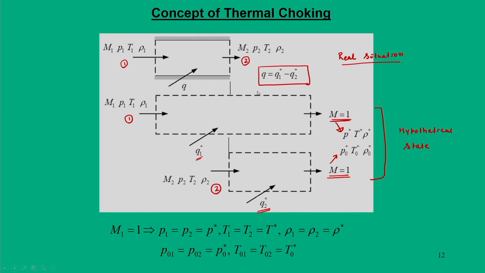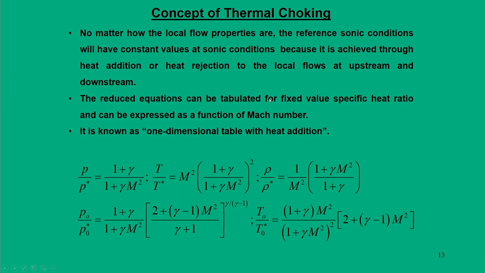In fact, we will now show how this particular concept will help us in simplifying our flow property calculations. If I do that, all governing equations for the static property ratios or stagnation property ratios can be simplified by putting Mach number as 1 for the star condition.